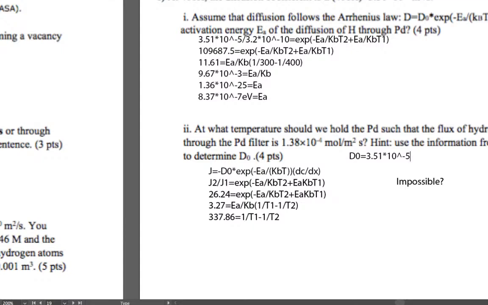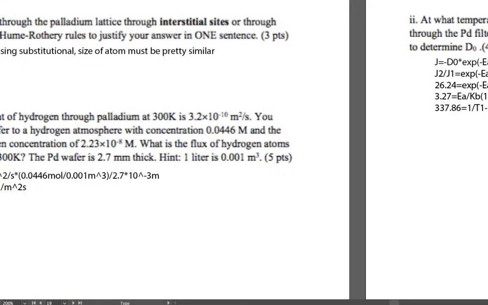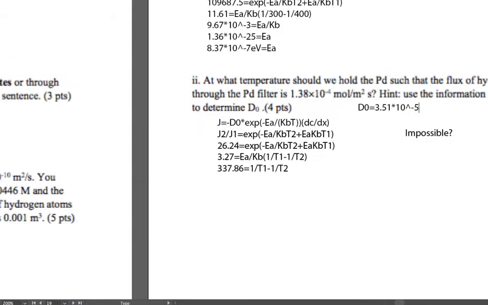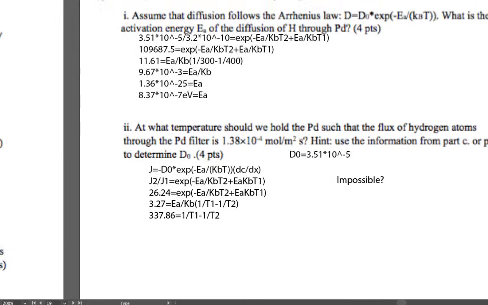So you basically just multiply this by the 2.7 times 10 to the power of negative 3 divided by the 44.6, just to find out what the D is. And then after that you want to divide it by the 3.51 times 10 to the power of negative 5.